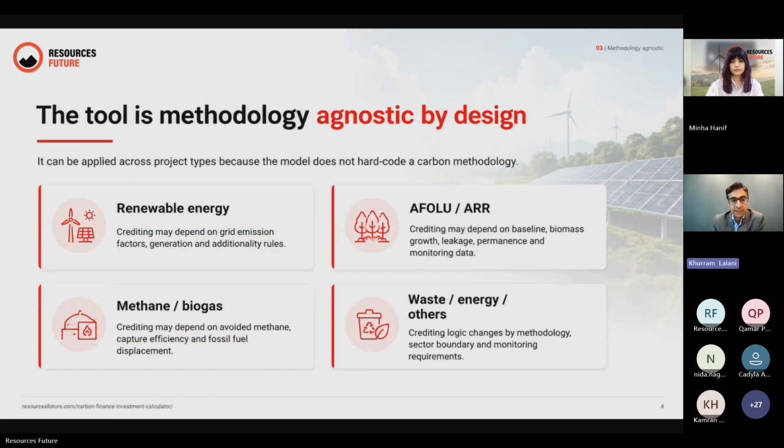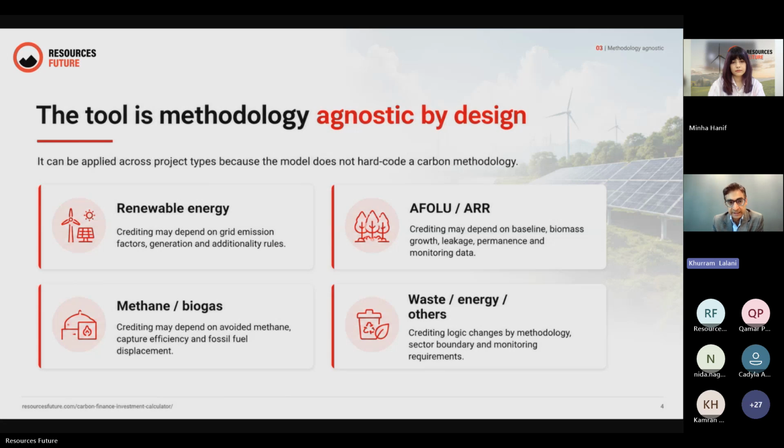So again, as we were saying, the tool is methodology agnostic. So you can essentially model any methodology here. You can model renewable energy, FLU, methane, waste, energy, others. You just need to have very basic parameters when it comes to your carbon modeling, and you would essentially get those carbon modeling numbers with you, right there instantly.